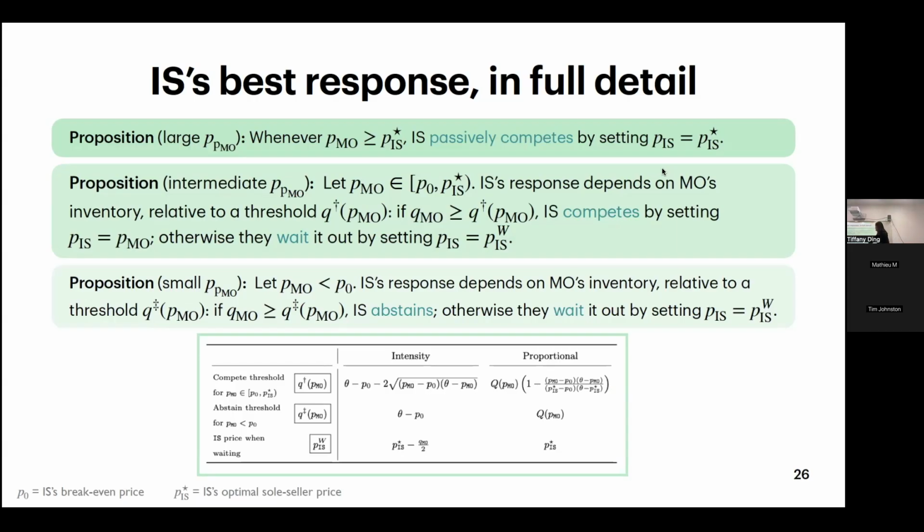And finally, this is the price that the independent seller sets when they wait. Under proportional rationing, they just set their sole selling price. But for intensity rationing, they set their sole selling price minus the marketplace operator's inventory divided by 2, which is kind of interesting. It means that when the marketplace operator has more inventory, the independent seller will set a lower price, even when they're waiting.